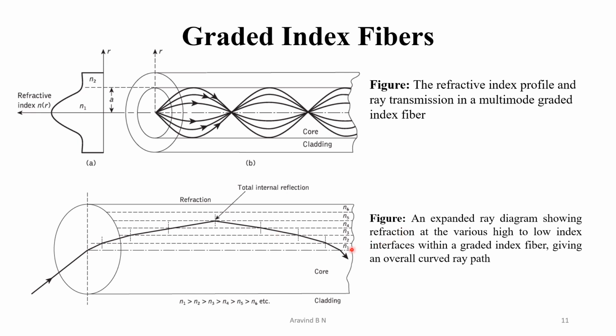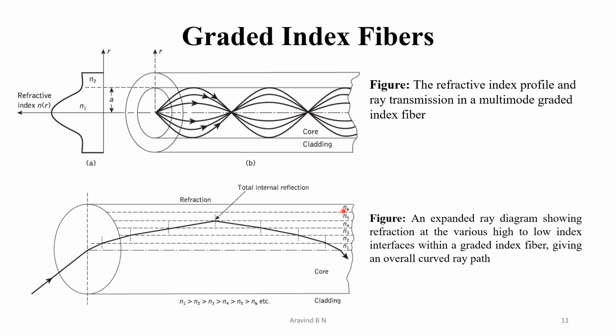This particular region is with n1, and then n2, n3 up to n6 are represented here. So within the core itself there are regions of variation of refractive index. In this example the refractive indices vary from n1 to n6, where n1 is greater than n2, greater than n3, greater than n4, greater than n5, and greater than n6.